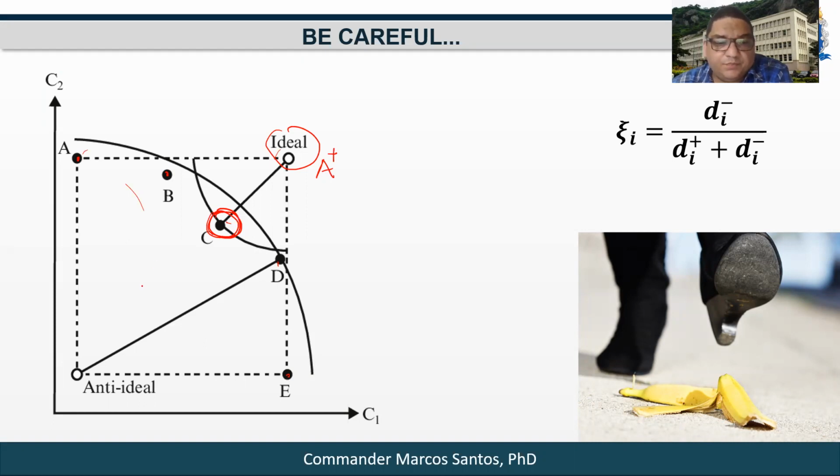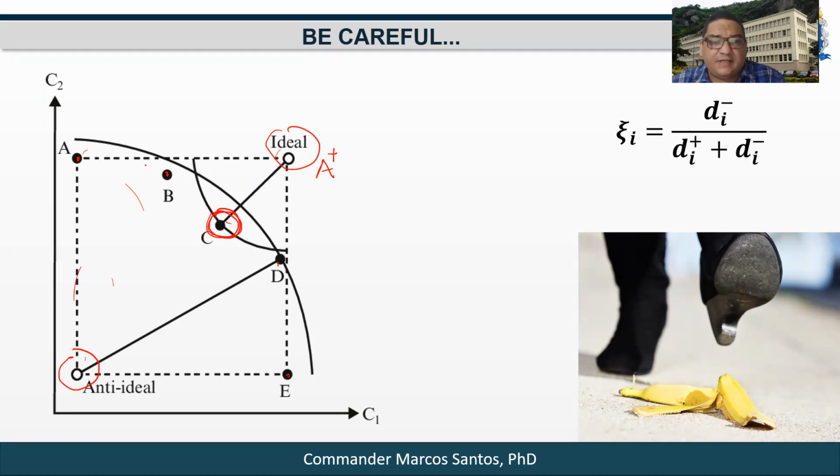But look, if I think about the negative ideal solution or anti-ideal solution, the best alternative is the farthest away.